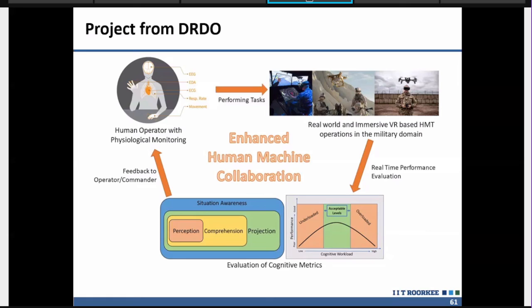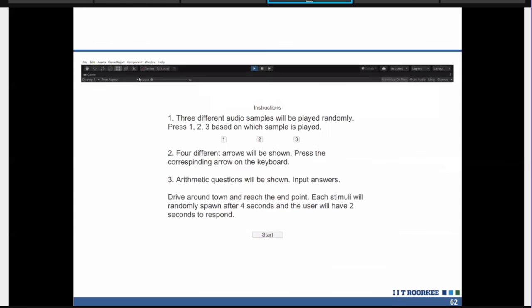They will be using a simulated environment like an augmented reality or virtual reality environment. In this AR/VR environment, when they are at the front, what is their mental workload and situation awareness, and how can we evaluate their performance?